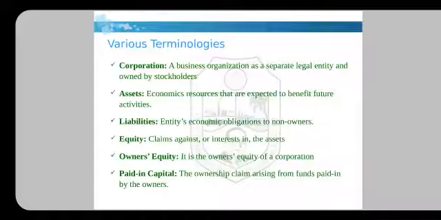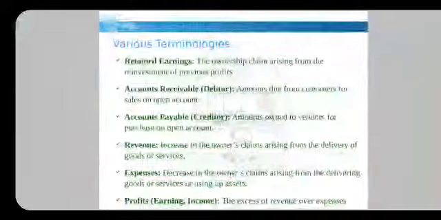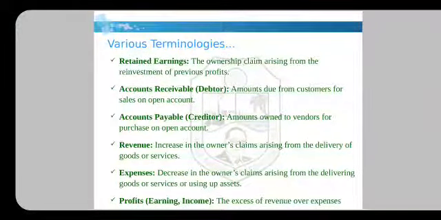Paid in capital is the ownership claim arising from funds paid in by the owners. Next is retained earnings, the ownership claim arising from the investment of previous profit. So whatever reinvestment we have done of previous profit, the claim arises from that reinvestment. Receivable means debtor, amounts due from customers for sales on open account.